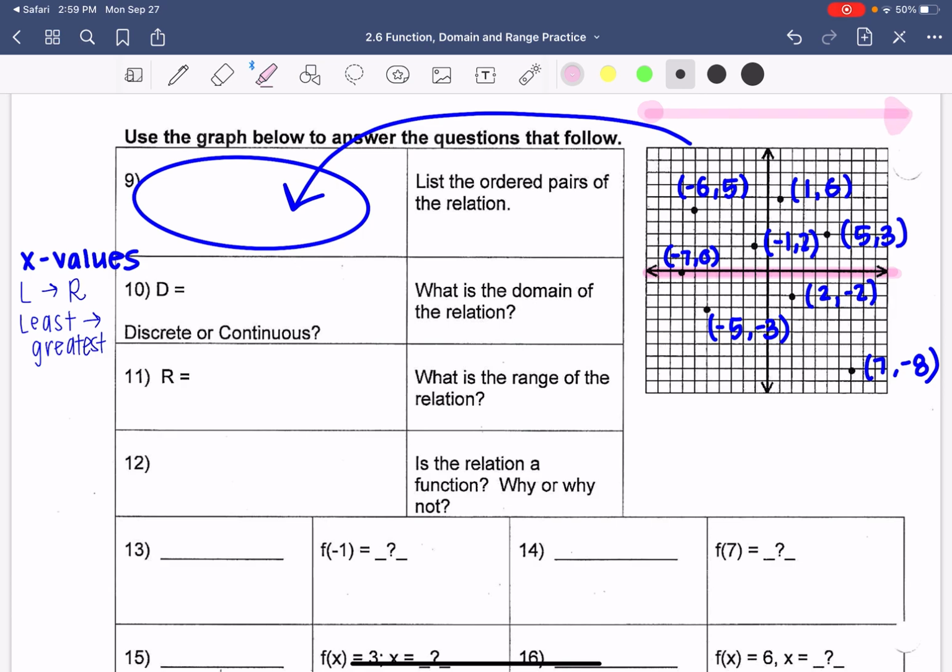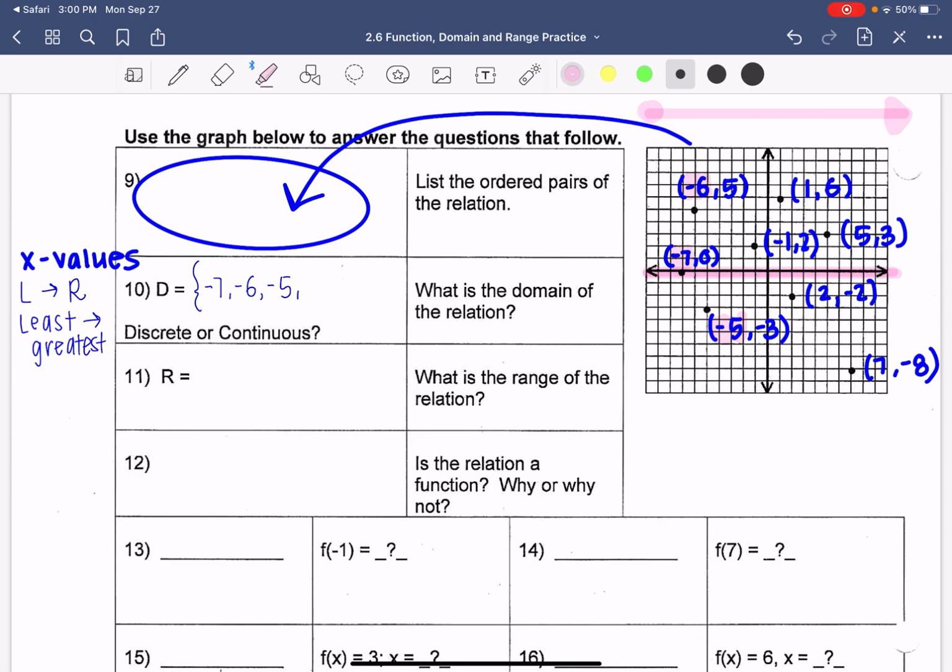When I write my domain, I'm looking for my x value. The furthest left point is negative 7. And by the way, we want to make sure that we do not repeat. Do not repeat your values. The next one is negative 6. Notice how I'm going from the furthest left point and I'm going to keep going to the right. The next point is negative 5.